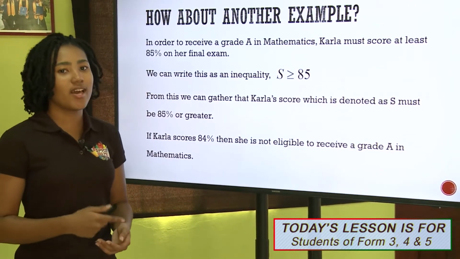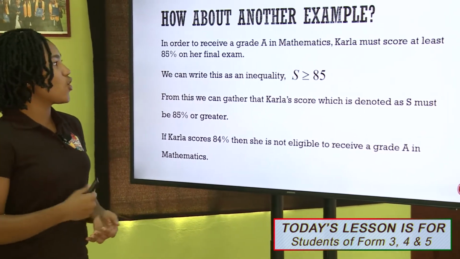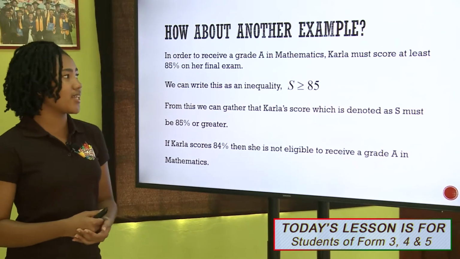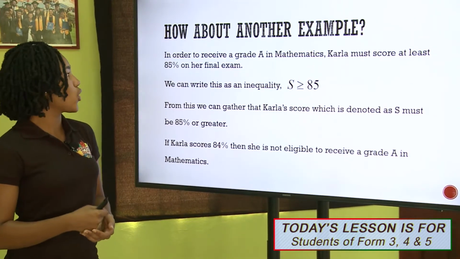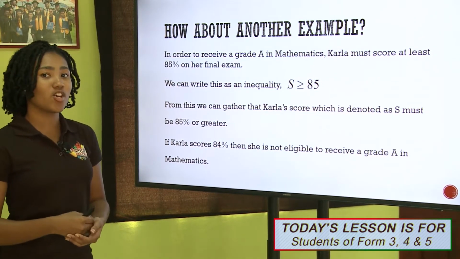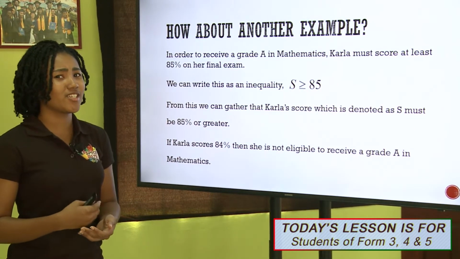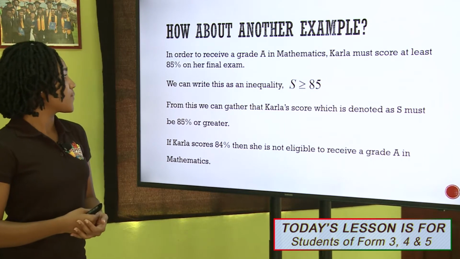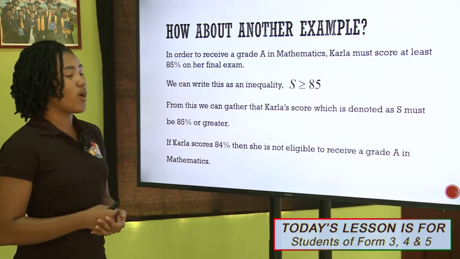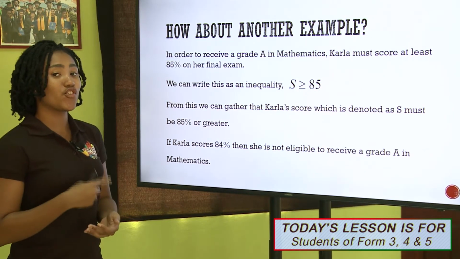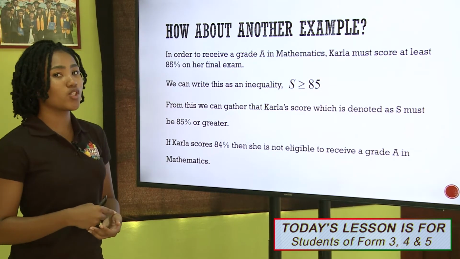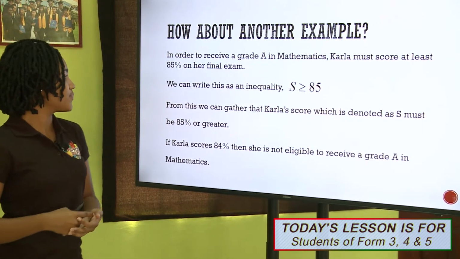How about another example? In order to receive a grade A in mathematics, Carla must score at least 85% on her final exam. Now, I'm sure that you can envision yourself in this situation, right? We can write this as an inequality. S is greater than or equal to 85.